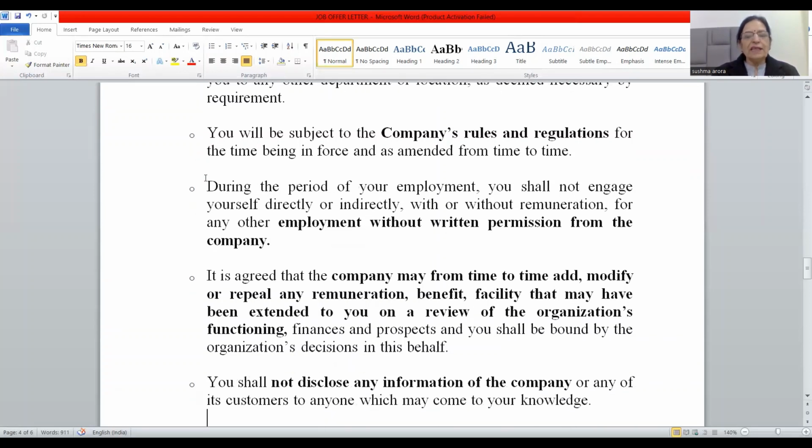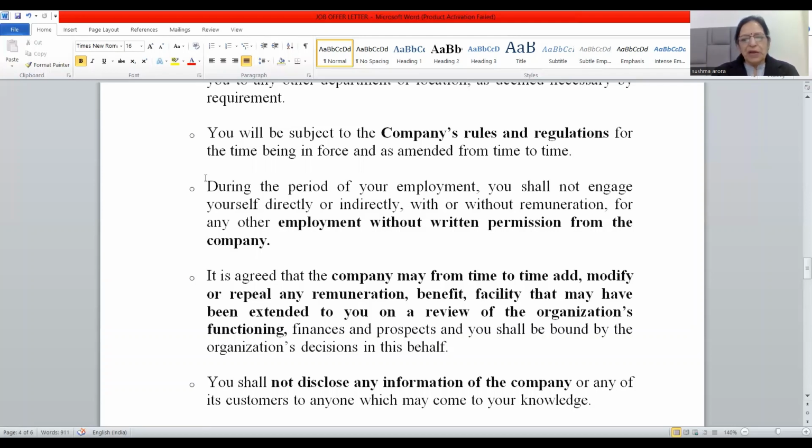It is agreed that the company may from time to time add, modify or repeal any remuneration, benefit, facility that may have been extended to you on a review of the organization's functioning, finances and prospects. You shall be bound by the organization decisions in this behalf. So friends, again, it is a prerogative of the company.